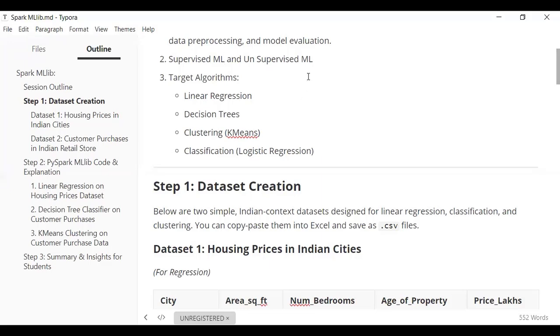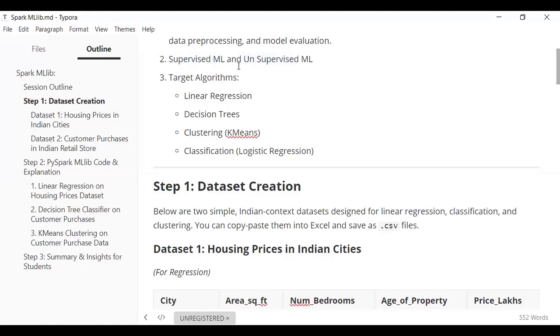In supervised we have classification and regression, these two concepts. In unsupervised machine learning, we have dimensionality reduction, clustering and those things.